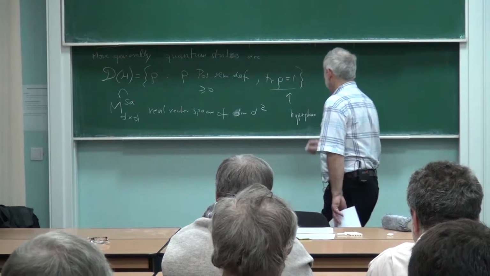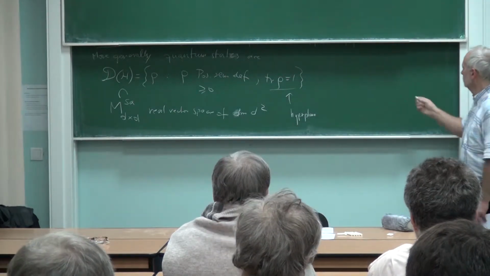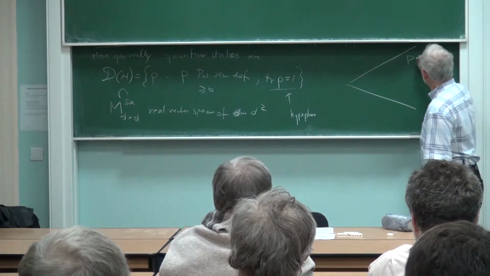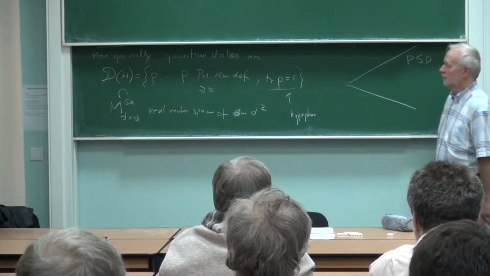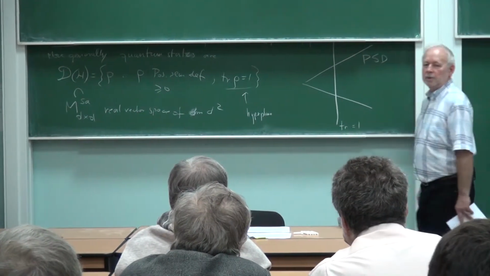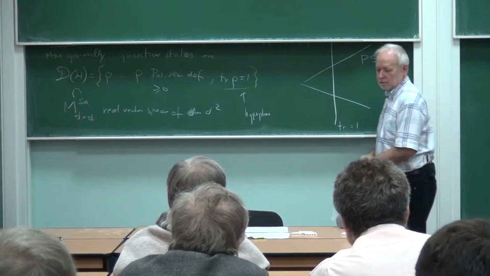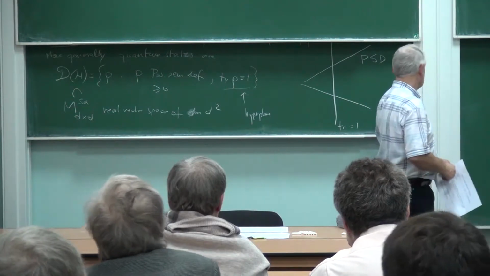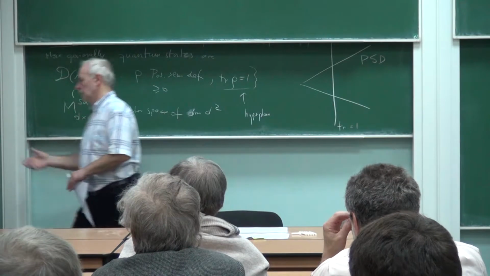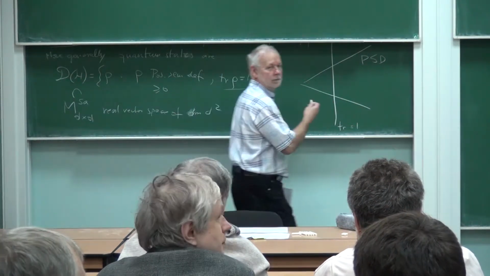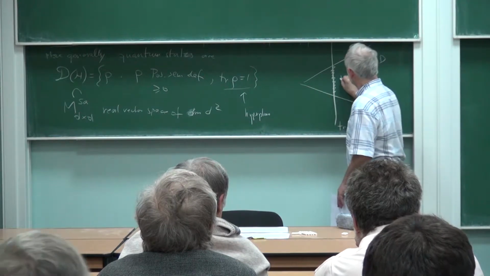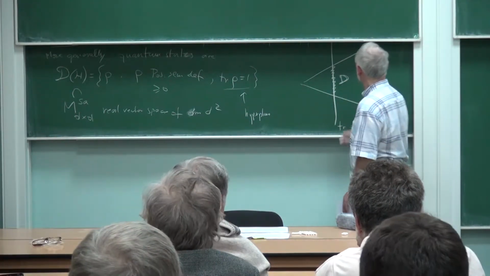What I like to draw is that this is the positive semi-definite cone, and then you have the trace 1 hyperplane. So this is your D, right?